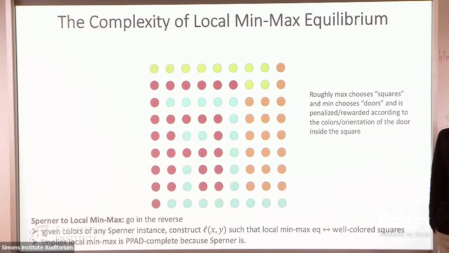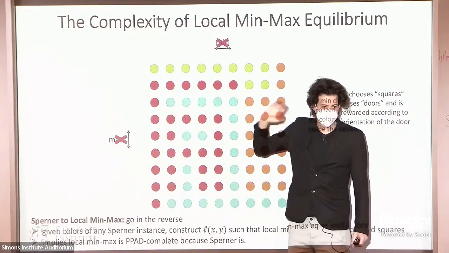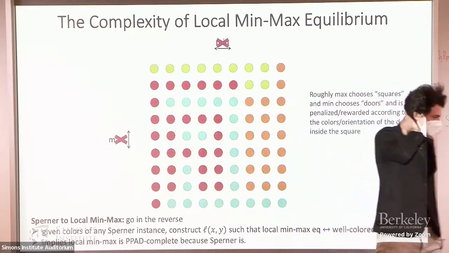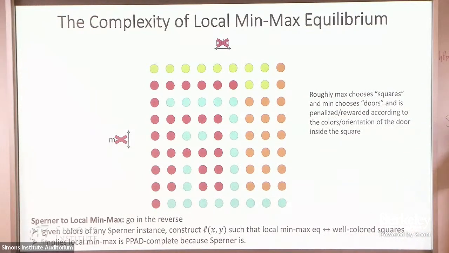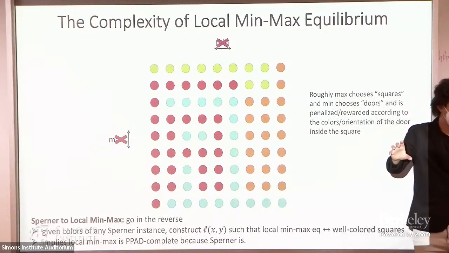So roughly speaking, we're not going to assign this dimension to one player and this dimension to the other player. That's not going to be what's happening. Instead, what I'm about to present is not going to be a smooth function, but it's good intuition. Roughly speaking, one player's job is going to be to choose squares.